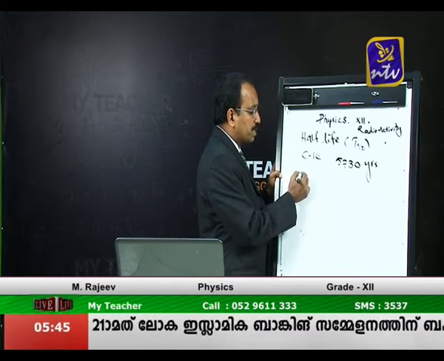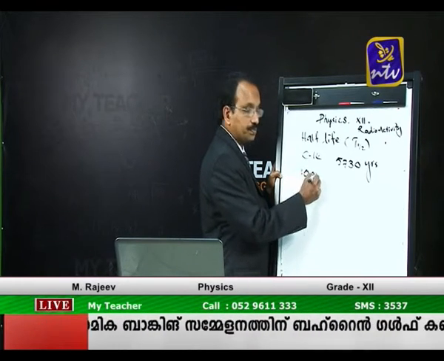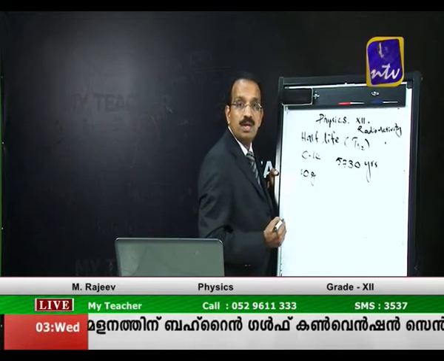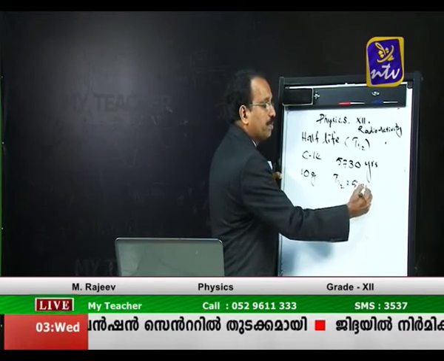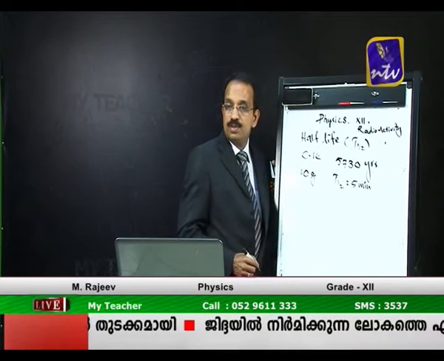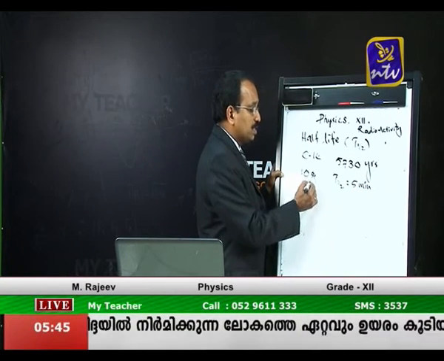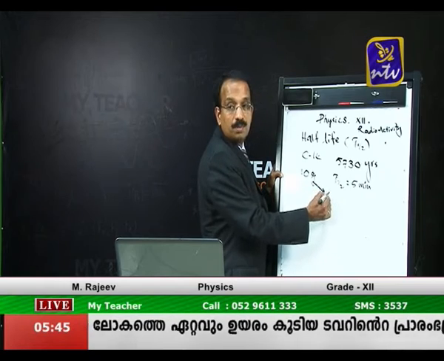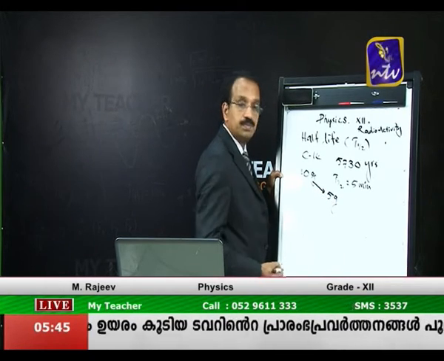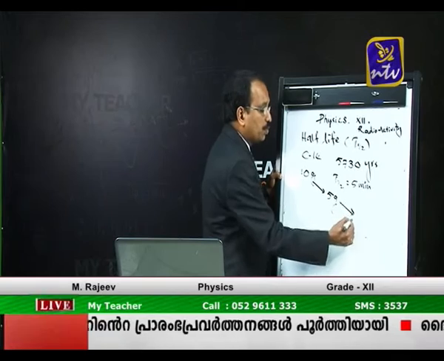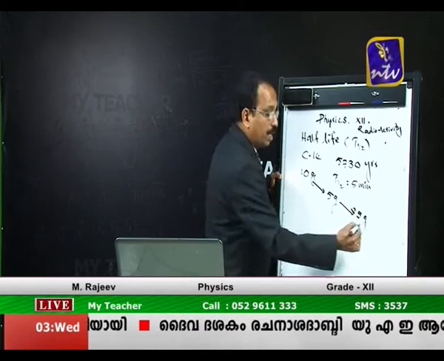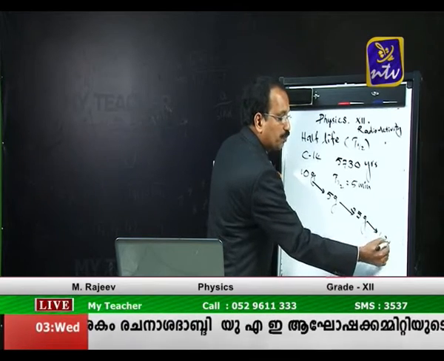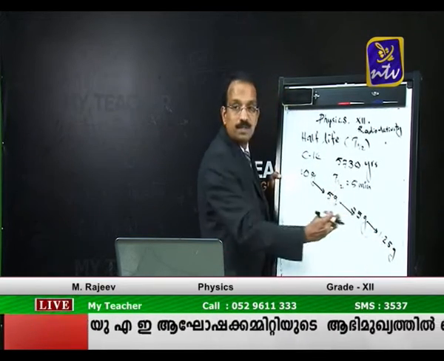Suppose a nucleus is, let us say, 10 grams in mass, and let me say its half-life is just 5 minutes. So, after 5 minutes, how much will this become? 10 grams will become 5 grams. Then in one more 5 minutes, it will become 2.5 grams. In another 5 minutes, it will become 1.25 grams, halving like that.